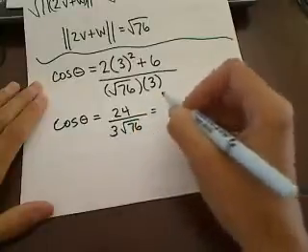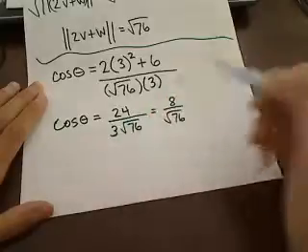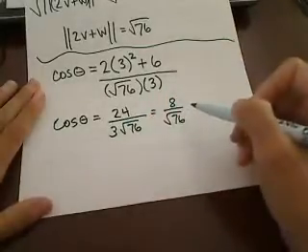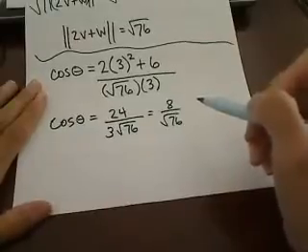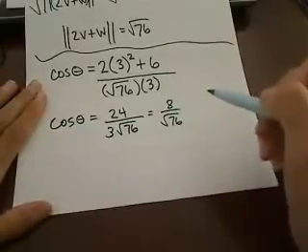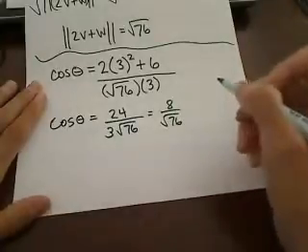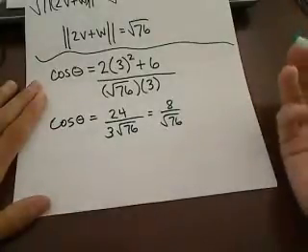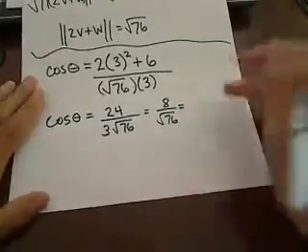So this is 8 over the square root of 76. 24 and 3 divided by 3 is 8. The square root of 76 will simplify, and in the directions in this problem, they do ask you to leave your answer in radical form, but they actually want it left in the simplified form. But they aren't asking you to rationalize the denominator.